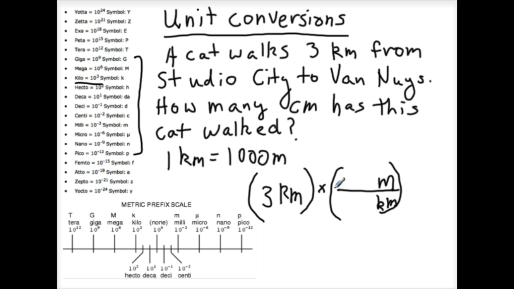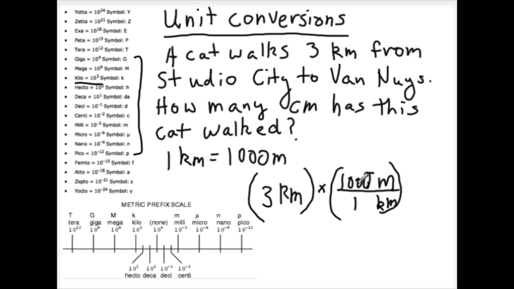So now the question is, how many meters are there in a kilometer? Should I have 1,000 on top and 1 on the bottom, or vice versa? The answer is that I should have 1,000 on top and 1 on the bottom, because I have 1,000 meters in 1 kilometer.